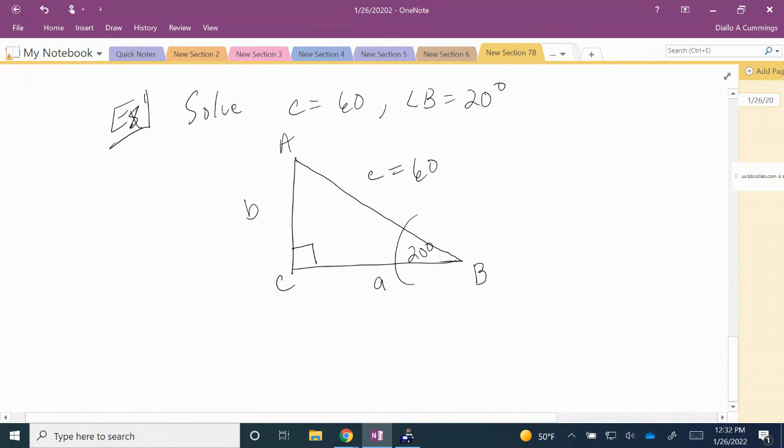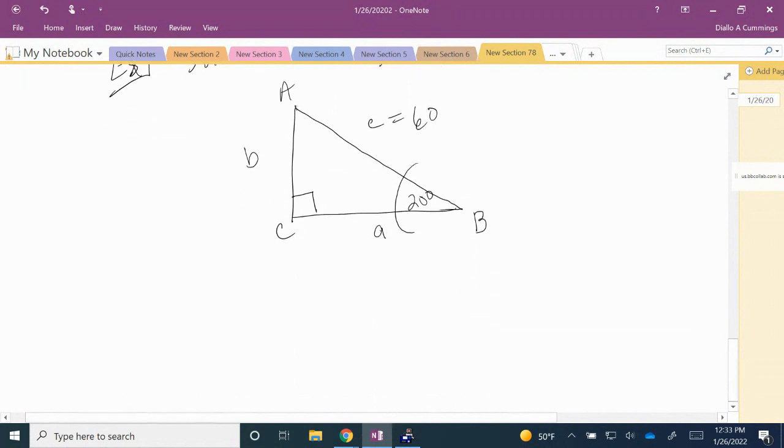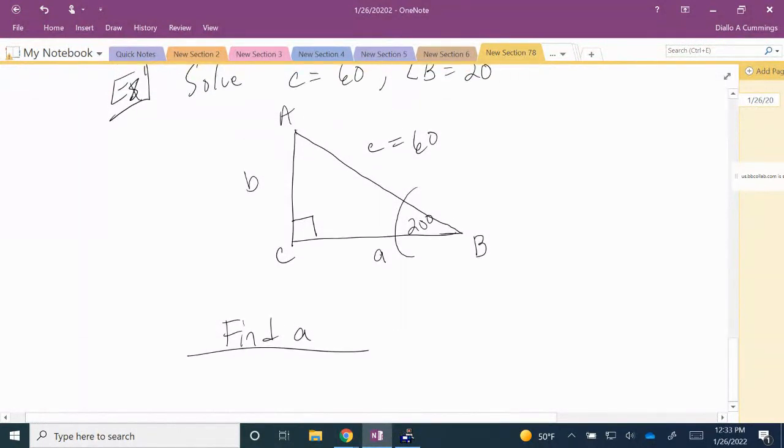Here again, we're going to use angle B as our reference angle, simply because it's the only acute angle measure we're given, and we're going to find side length A. That's going to require us to set up a trig function.